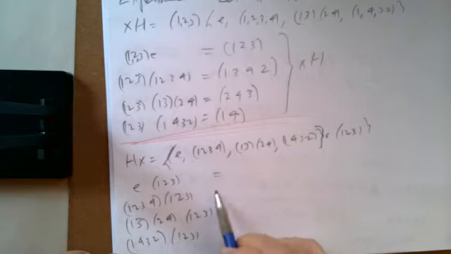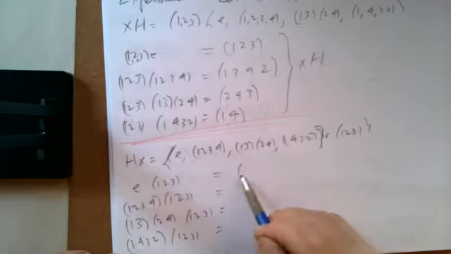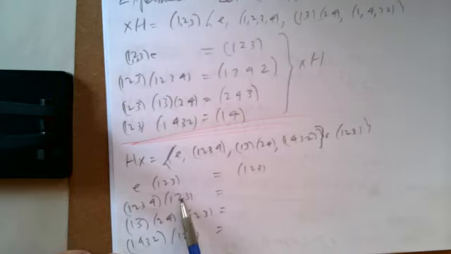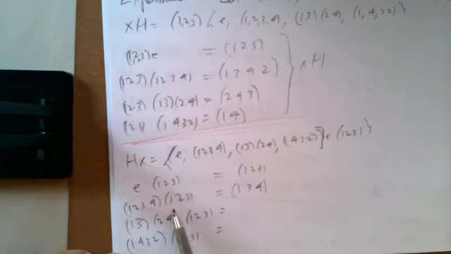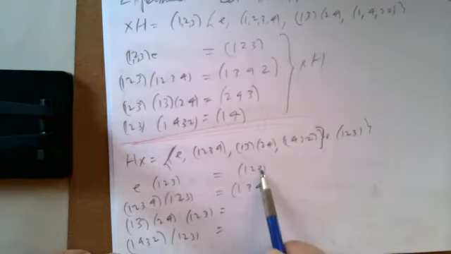Of course, the identity times anything is that thing, so this is just (1 2 3). What is the product of these two permutations? 1 goes to 2, goes to 3. 3 goes to 1, goes to 4. 4 goes to 4, goes back to 1. 2 goes to 3, goes to 2. So this is (1 3 4).